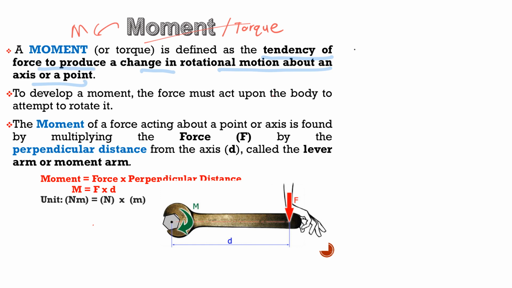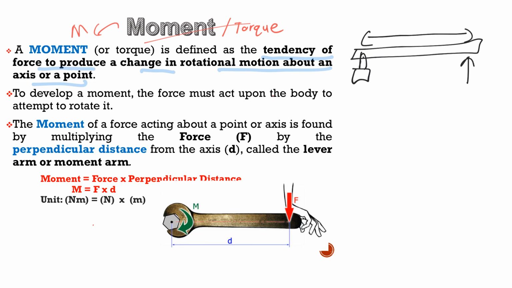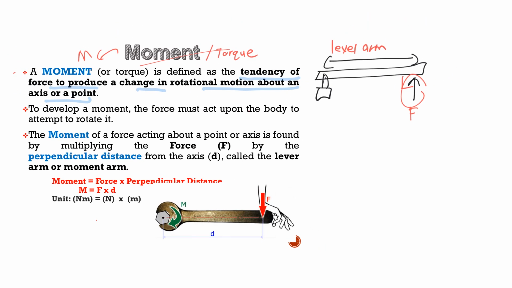So for example, if I draw a beam and put a hinge over here, in SPM, if I'm not mistaken, you call it a fulcrum. Here we didn't use fulcrum, we mostly use hinge. When you apply force perpendicular to what we call the lever arm, it is going to move in a circular motion, or rotational motion.